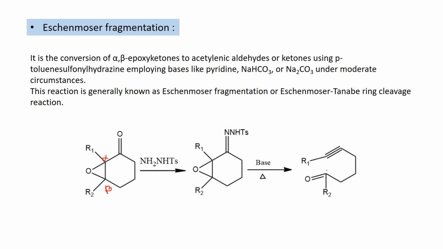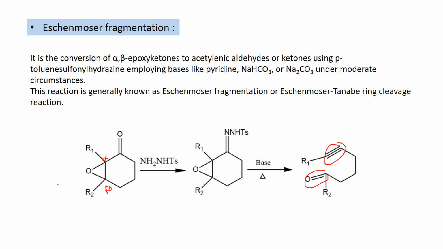Acetylenic aldehyde means there will be an aldehyde with the acetylenic group, or a ketone, using para-toluenesulfonyl hydrazine, employing bases like pyridine, sodium bicarbonate, sodium carbonate under moderate conditions. This reaction is generally known as the Eschenmoser fragmentation or Eschenmoser-Tanabe ring cleavage reaction. So let's go to the mechanism.